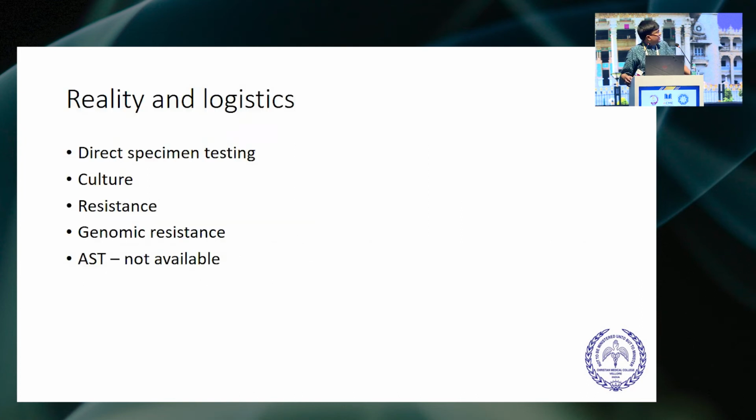Direct specimen testing is what we need, because that gives a lesser turnaround time. Culture delays by at least 24 hours. Now when we know the bacteria, we know whether it is sensitive or resistant. You know which ESBL gene it is, if it is there, and then you can appropriately titrate your antibiotic based on this genomic resistance.